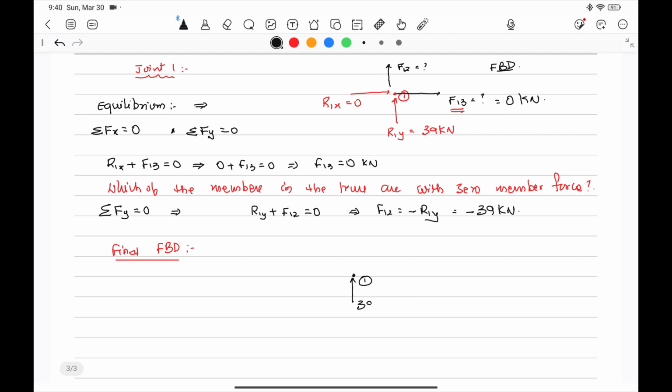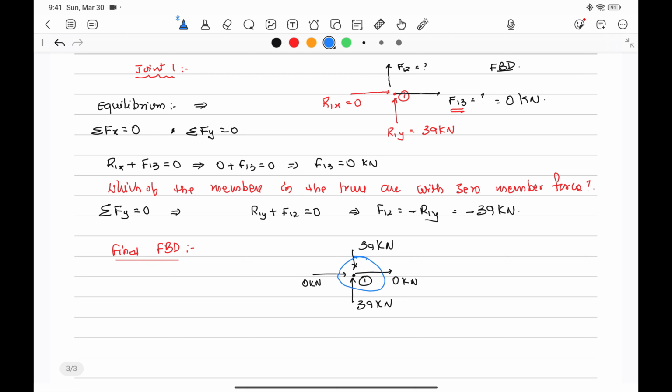This is 39 kilonewtons. This is 0 kilonewtons. This is 0 kilonewtons. And this is 39 kilonewtons. You please see. Once we change the direction of the force, the minus sign goes off. This is the final FBD.